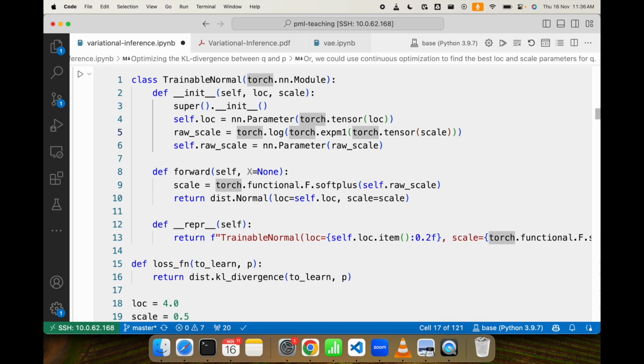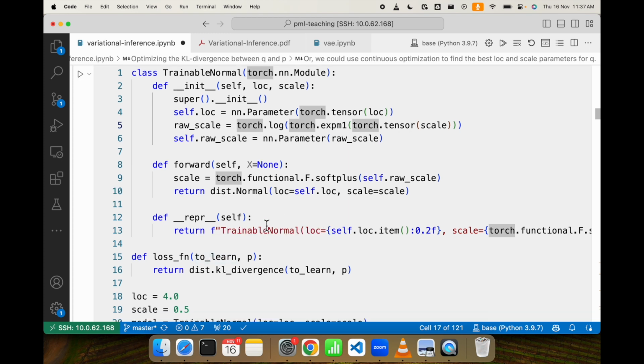Previously I had shown this using raw parameters, location and scale, and then I used a training optimizer. But I also wanted to show today that you can inherit from torch.nn.Module. This makes it easier for you to just call things like model.parameters to get all the parameters, as well as to reuse the code.